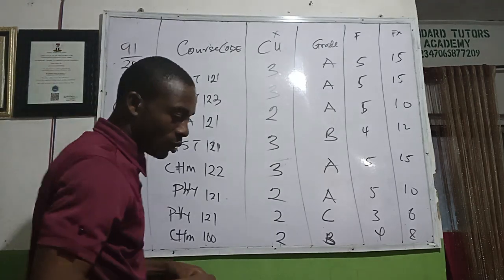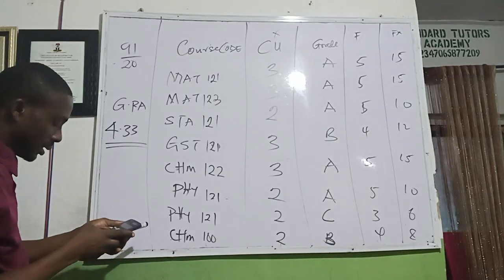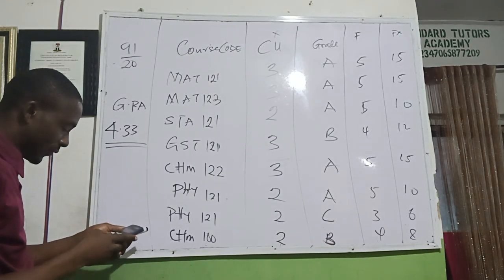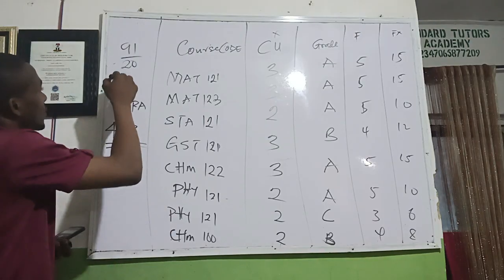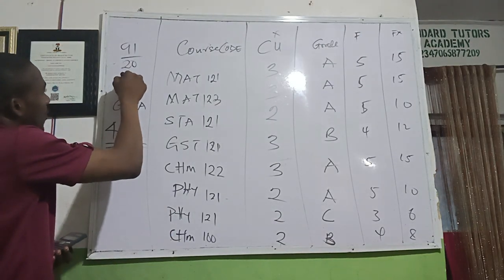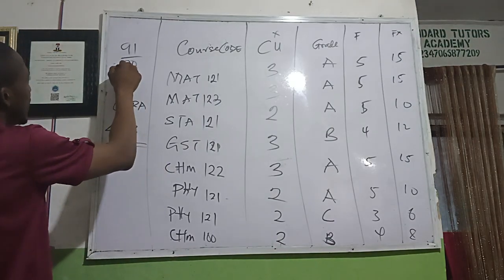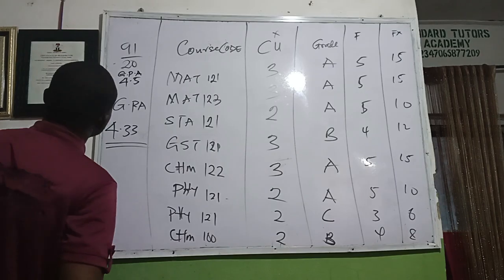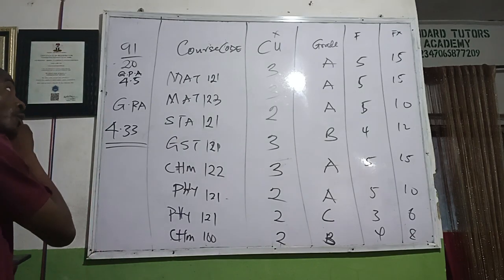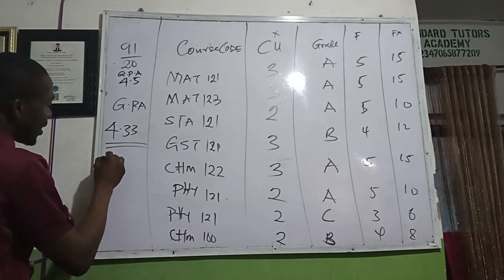So let's quickly look at 90 divided by 20. This one gives us a first class GP. That's 4.5. So the GPA here gives us 4.5.